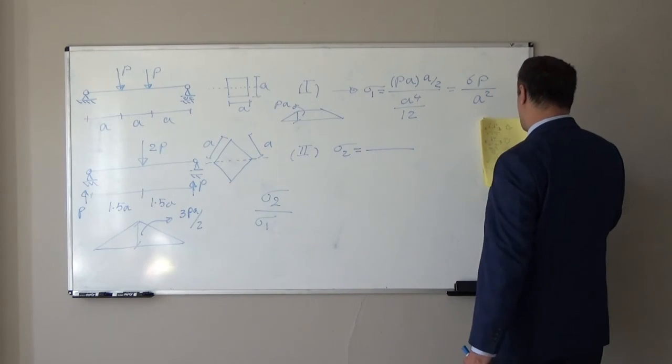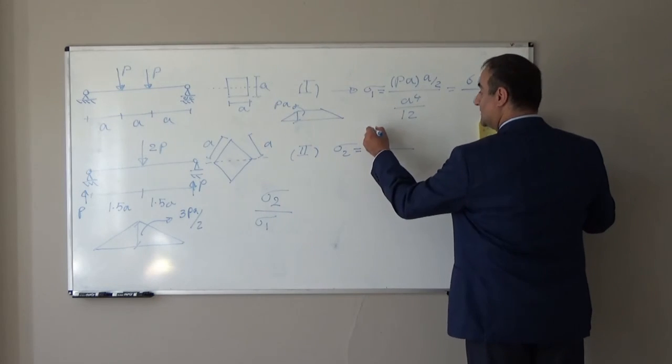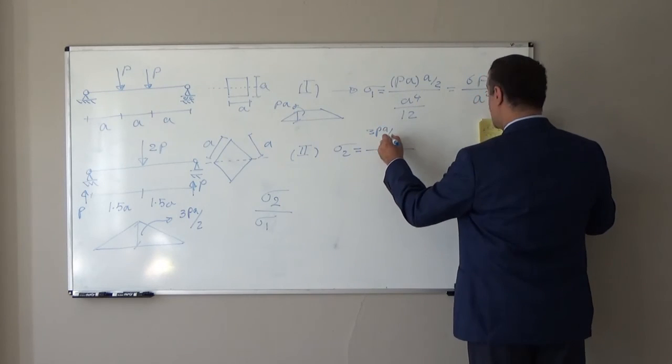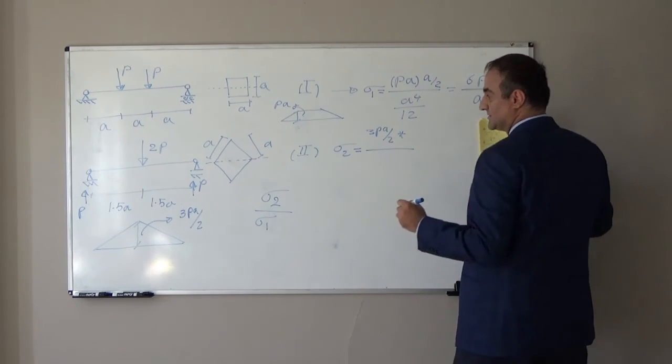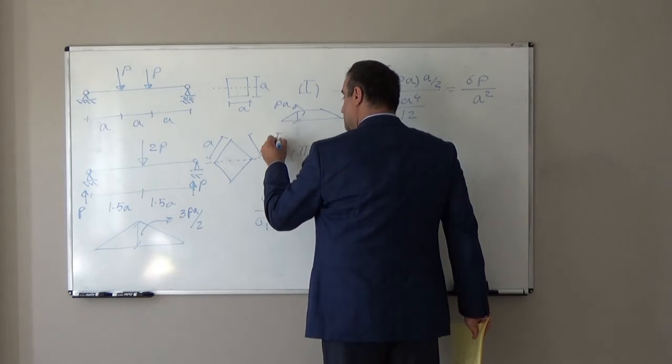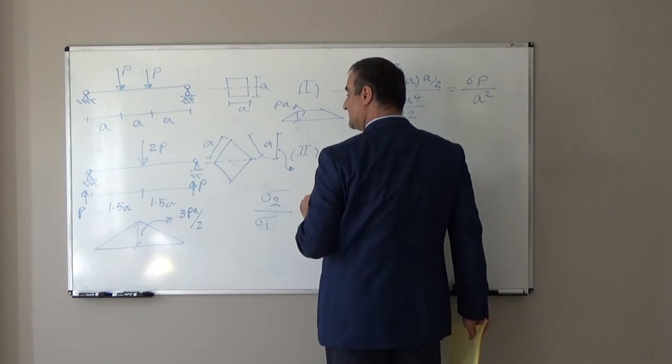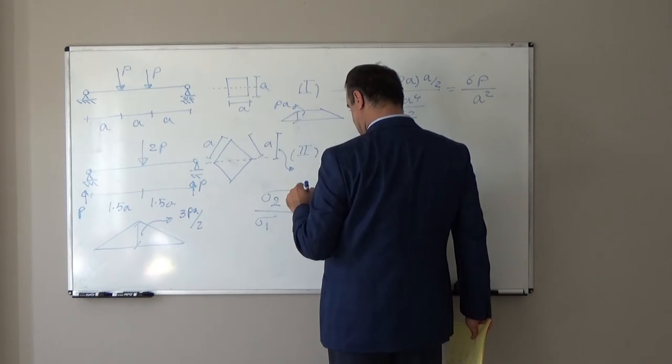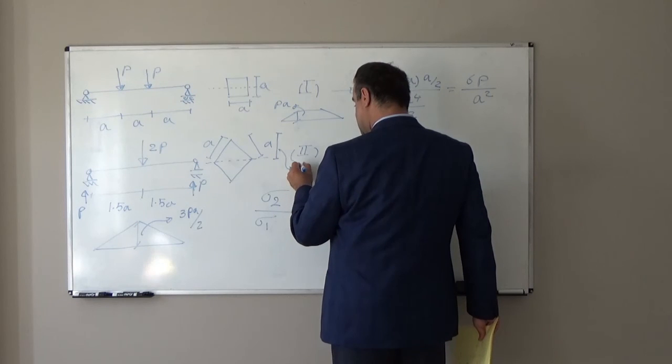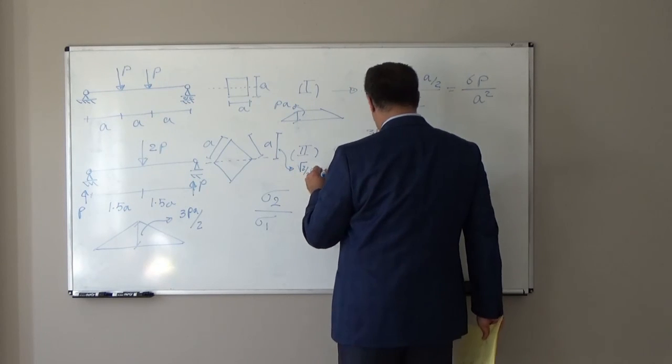So the maximum moment will be 3PA over 2 times the distance of the extreme fiber up to the bending axis, which is square root of 2 over 2A.